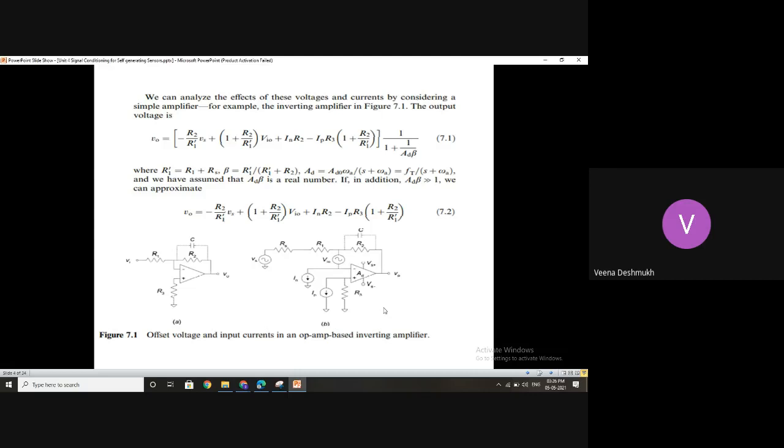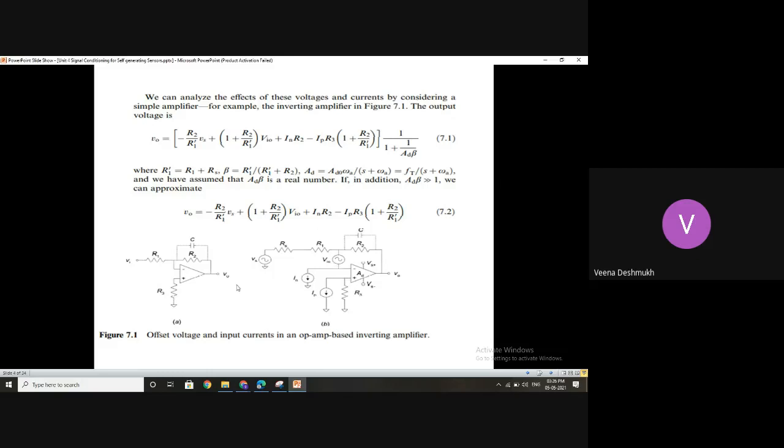But in practice, if there is a difference, assume that IN is the current to the inverting terminal and IP is the current through the non-inverting terminal, then IP minus IN will be the current difference. This also introduces some voltage difference at the two inputs.